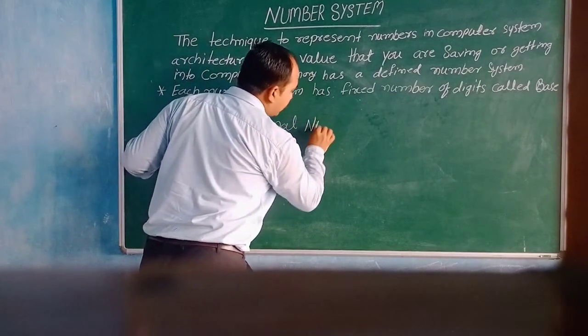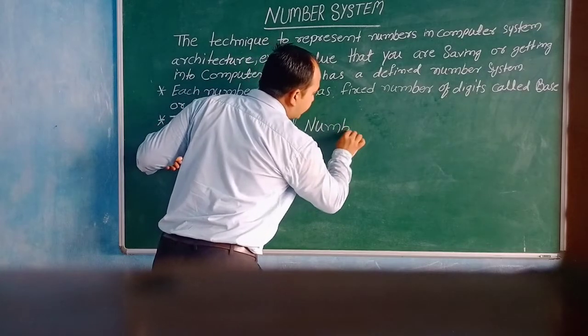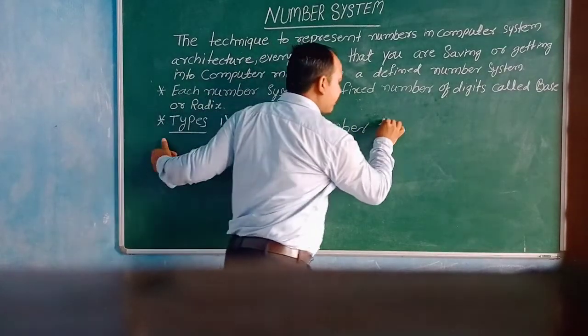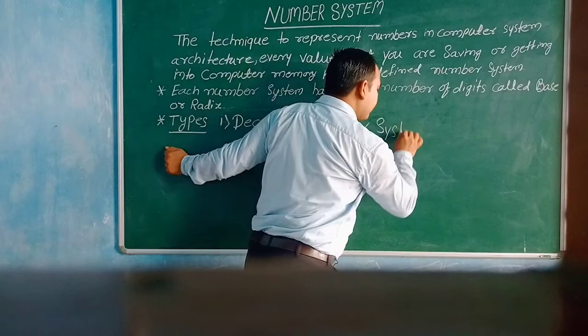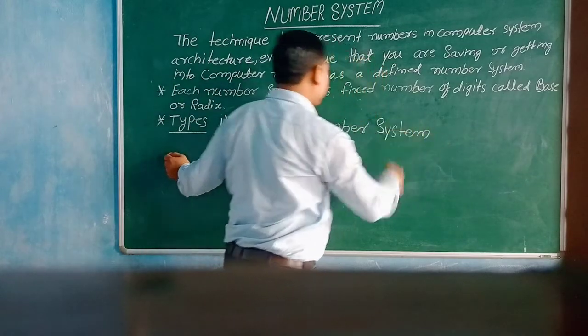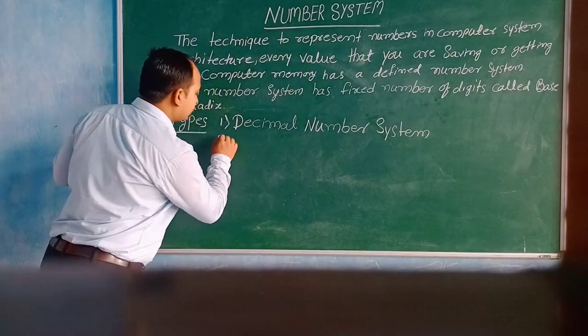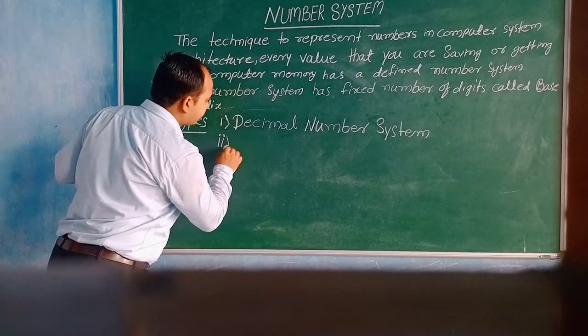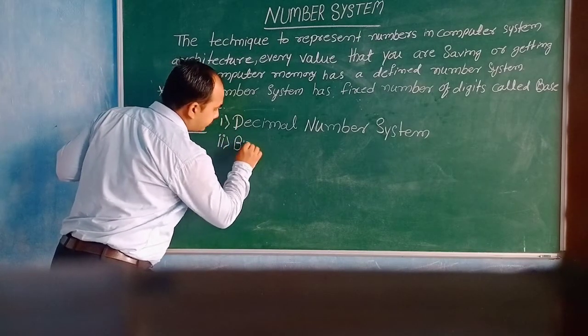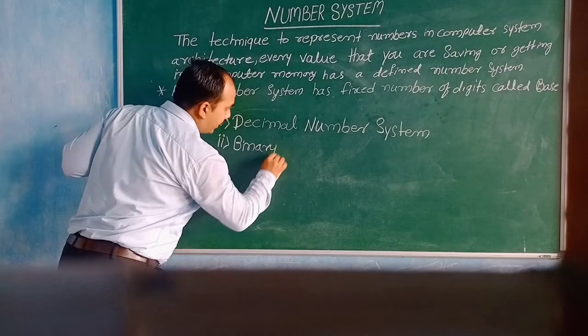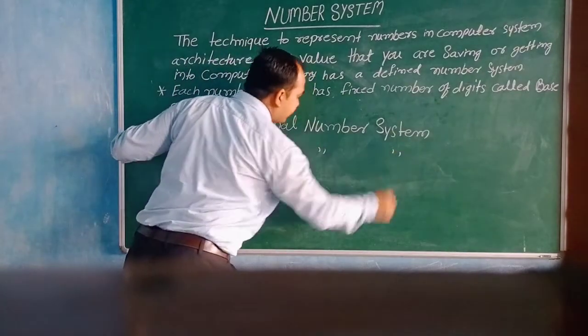Decimal number system. Second type, binary number system.